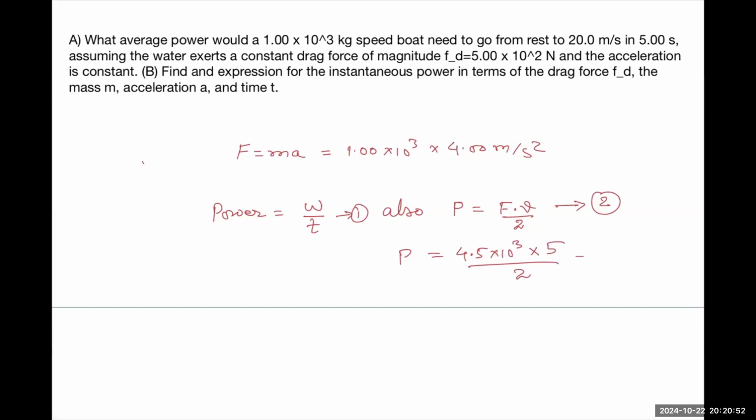But with this one, I get 4.5 times 10 to the 3 times 5 divided by 2, 11,250 watt. This is what I get. That's not the right answer.